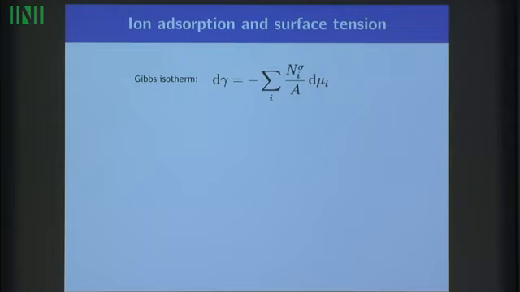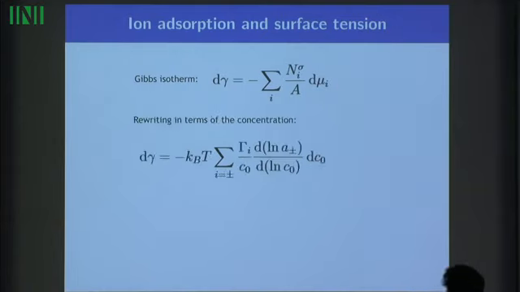So sigma denotes the interfacial layer per unit area, and then multiplied by the differential of the chemical potential of these particles. So this you can rewrite in terms of the concentrations.